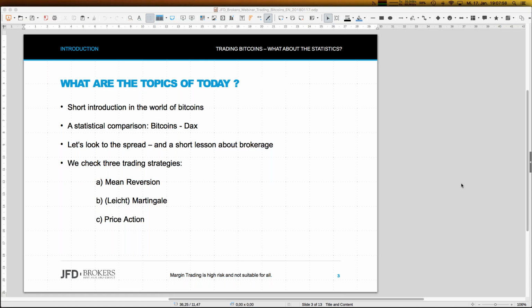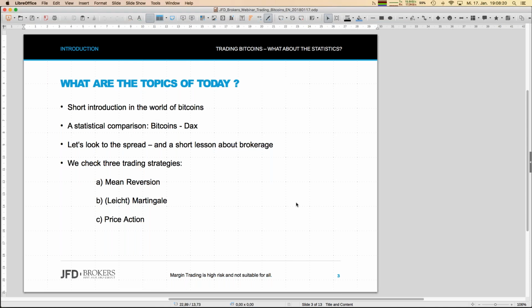Mean reversion is a little bit older, but with the knowledge of the statistics of Bitcoins, we can apply what we learned about other trading strategies, and we can apply those rules with different parameters, and then we can trade Bitcoins profitably. And that we will see finally.